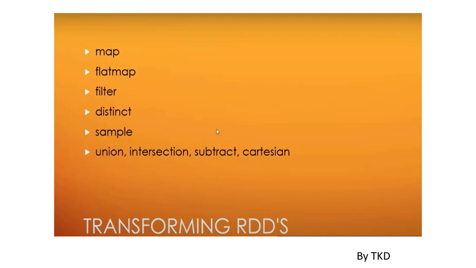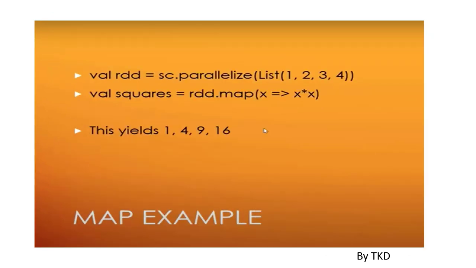And finally, you can perform set operations on your RDDs like union, intersection, subtraction, and Cartesian products between any two RDDs, producing resulting RDDs from those operations.